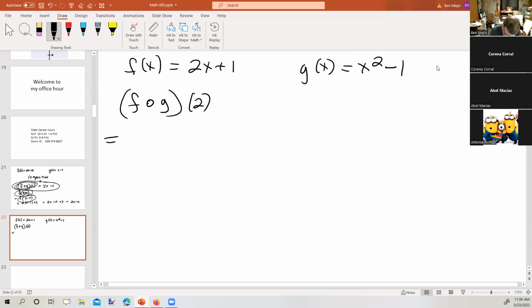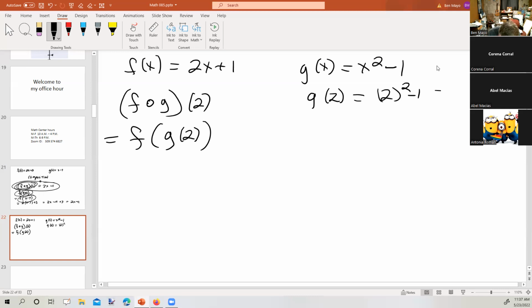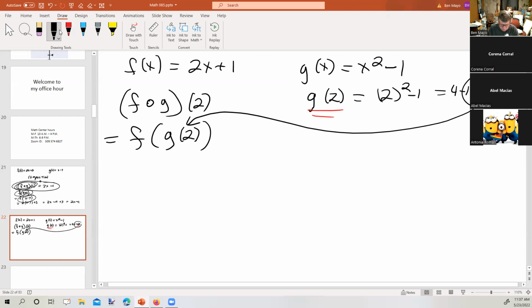So what does f composed with g of 2 mean? That means we're going to evaluate f at g of 2. So I need to know what g of 2 is equal to. G of 2 equals 3. So that's going to go in the place of g of 2. So now we want f of 3.